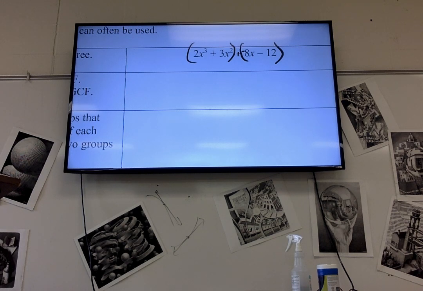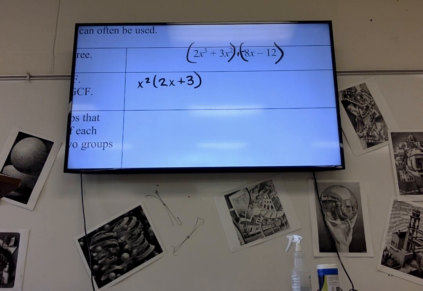Now, in the first set of parentheses, what's something that I can factor out? X squared. So that leaves us with 2x plus 3. What can I factor out of the second set? Negative 4, yeah.